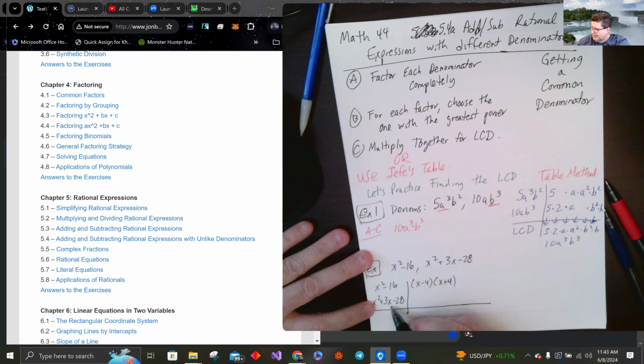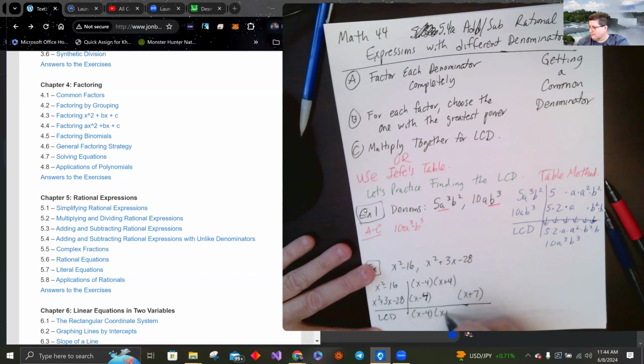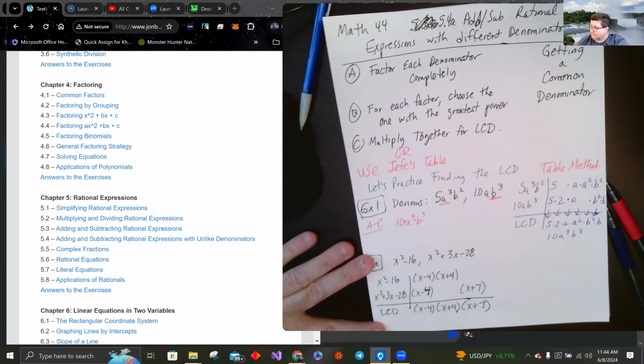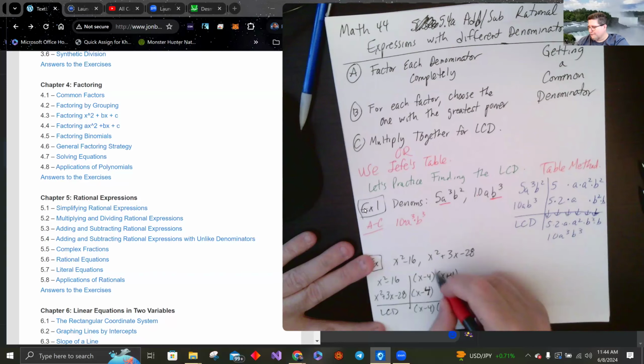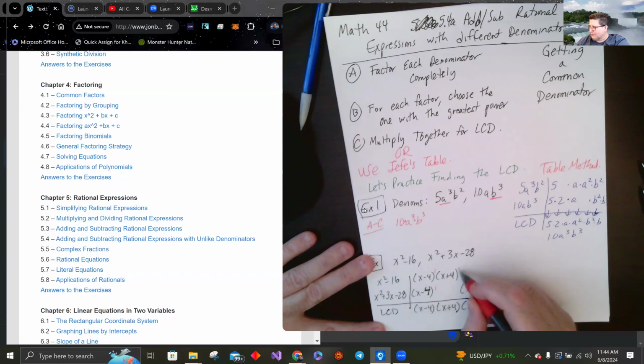This is plus 7 and minus 4: x minus 4, x plus 7. So the LCD is one from each column. The idea of the method above is that these are both to the first power, so it doesn't matter which one we choose. This is the only one there, and this is the only one there.